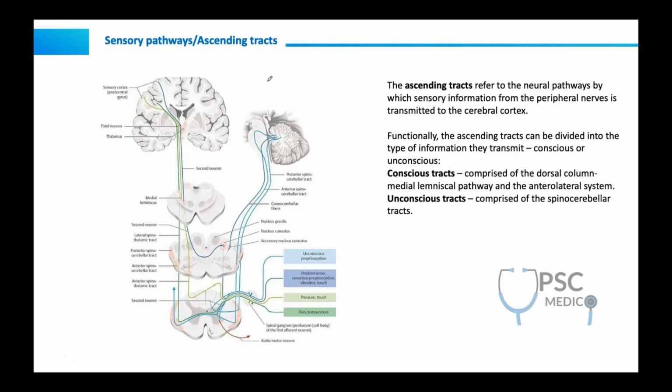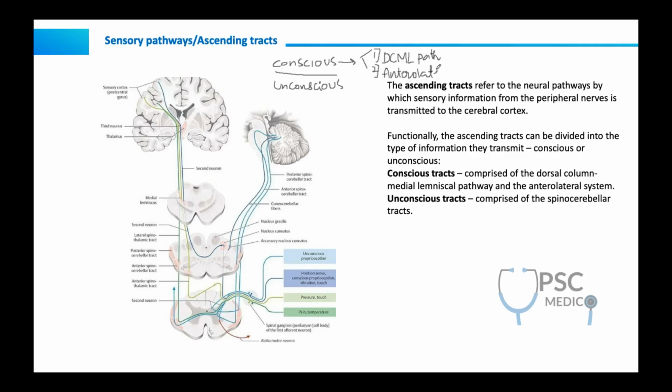Classification-wise, you need to remember two things. From the exam point of view, there are conscious tracts and also unconscious tracts. With consciousness, there are some tracts which carry the sensations. There are two pathways here. One is the dorsal column medial lemniscal pathway, very important, and the other is the anterolateral system.